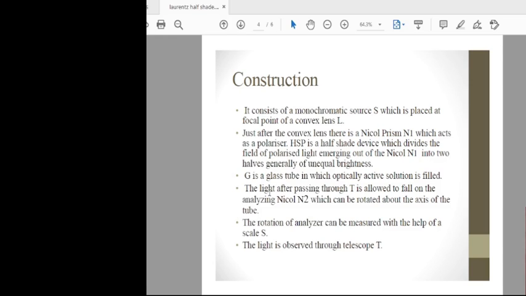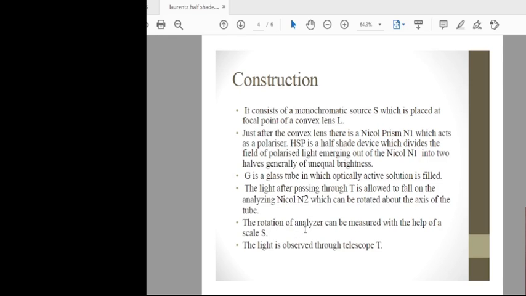Then G is a glass tube, as we just discussed, in which the optically active solution is filled. The light, after passing through that glass tube, is allowed to fall on the analyzing Nicol, meaning the analyzer, which can be rotated about the axis of the tube.